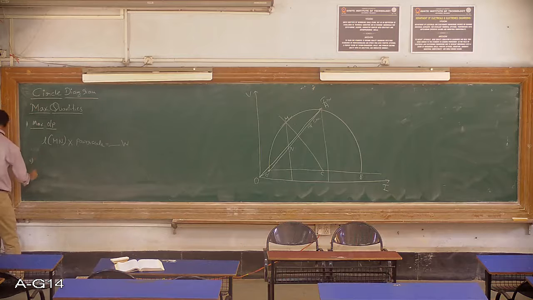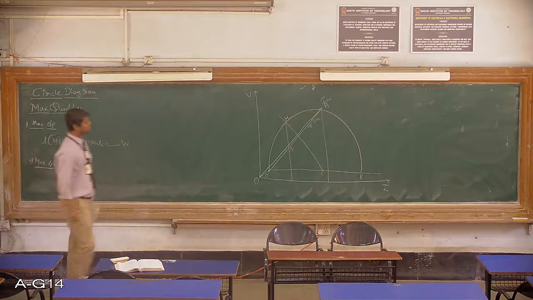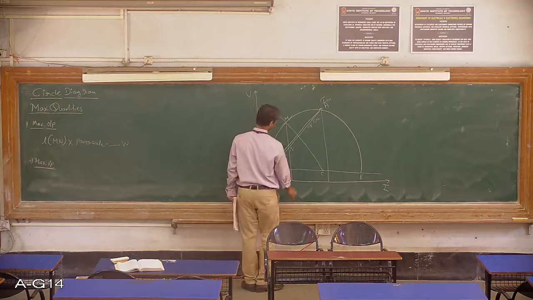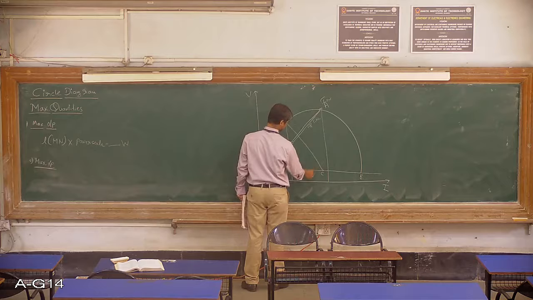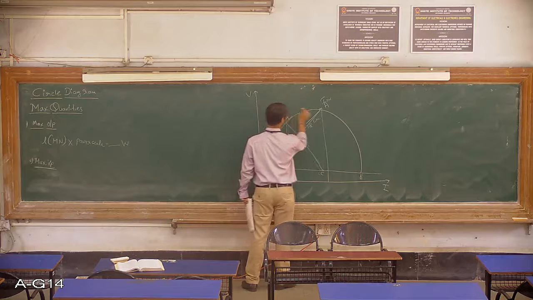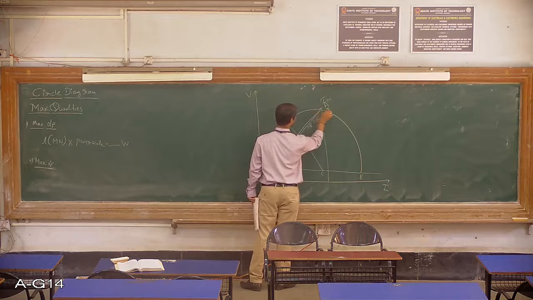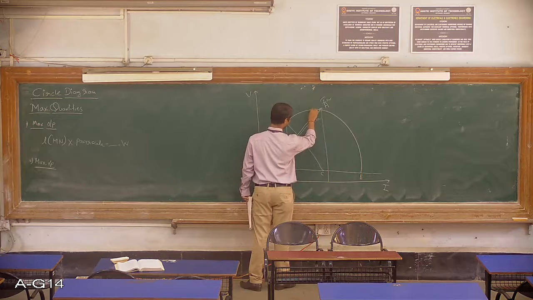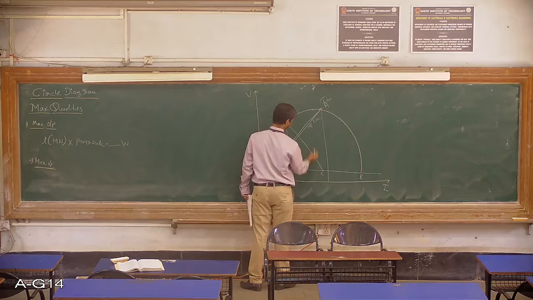Now the second quantity to be calculated is maximum input. Maximum input is the maximum point of the circle. If I draw a horizontal tangent to the circle, here it will be that point. From this point, draw a vertical line till it reaches the horizontal axis.